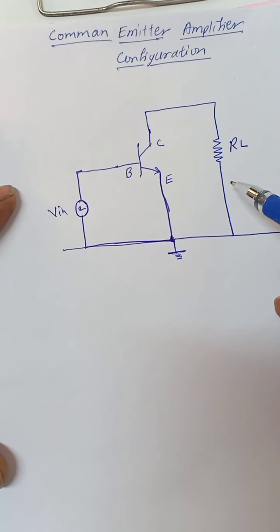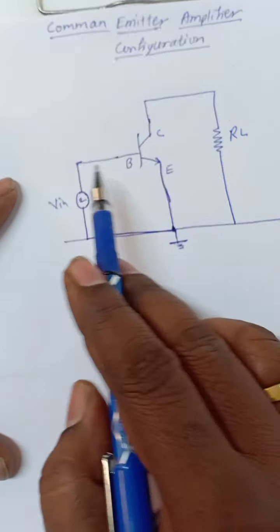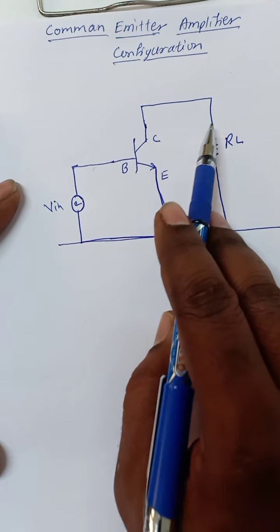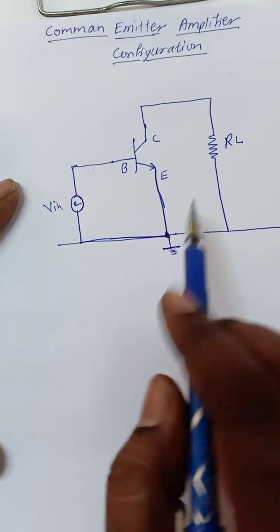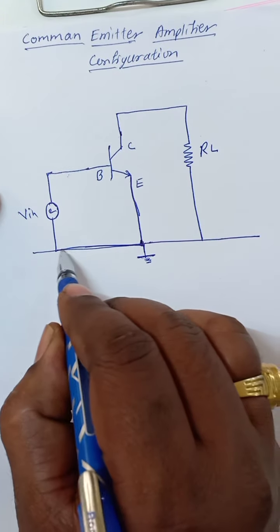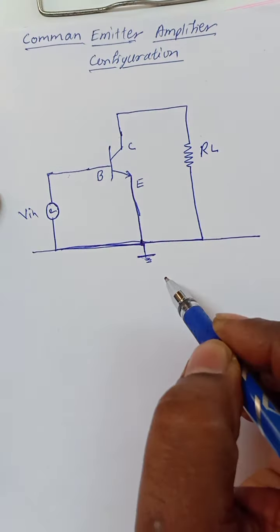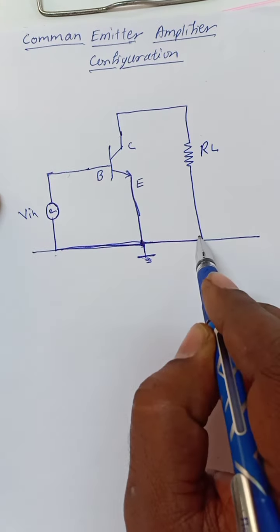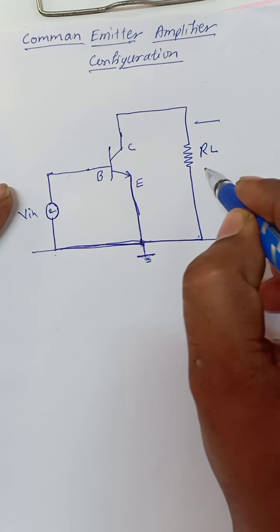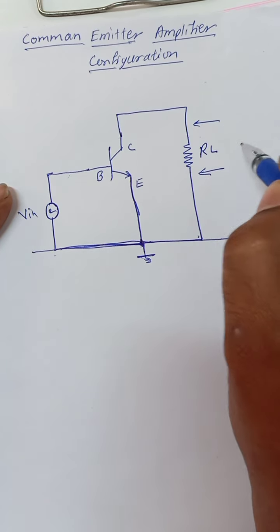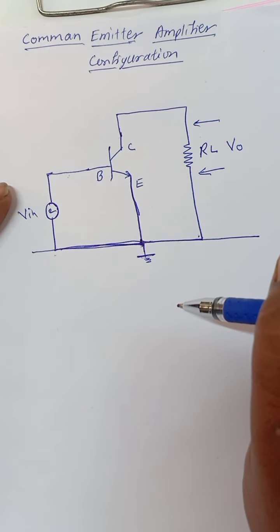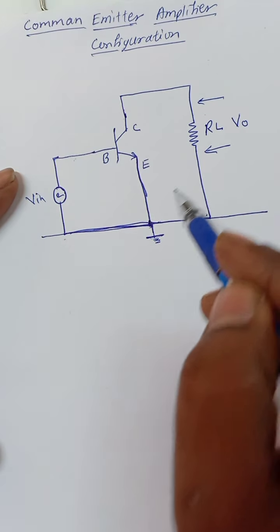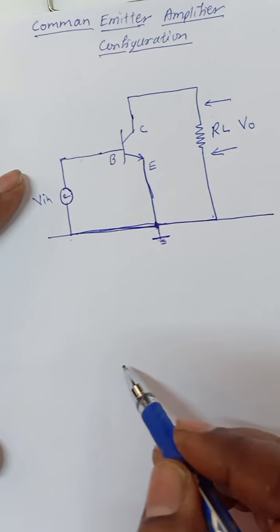So input is connected between base and emitter, and output is observed between collector and emitter. That's why it is known as common emitter configuration: the emitter is common to the input side and also the output side. You have to observe the output across this RL.